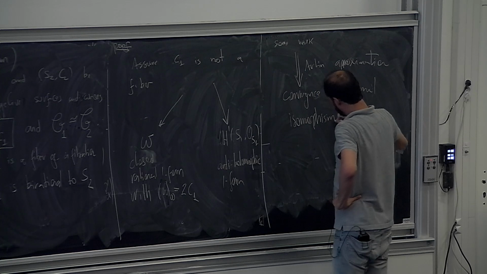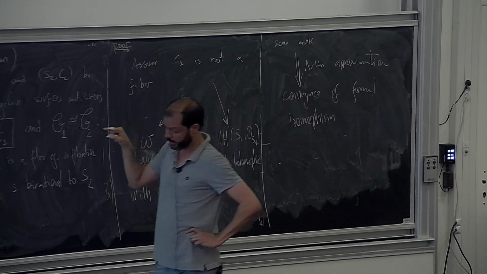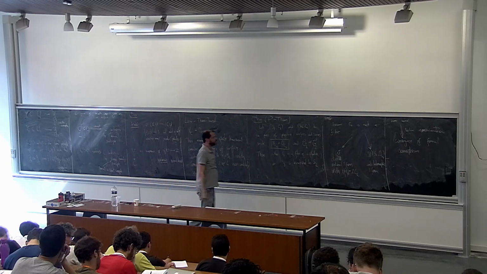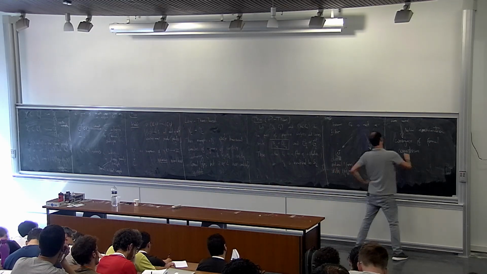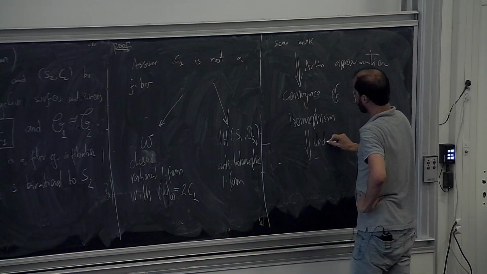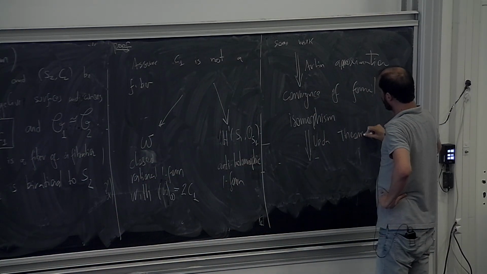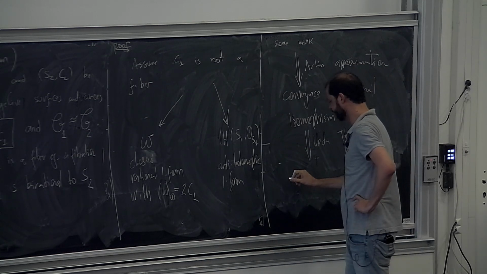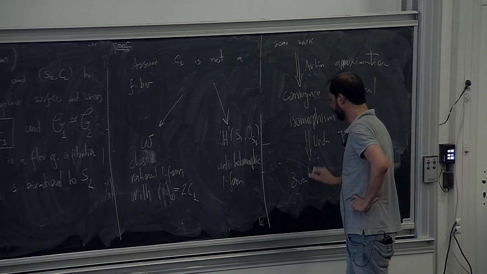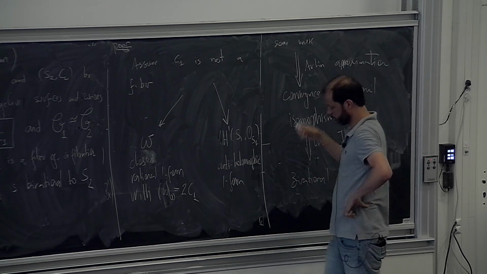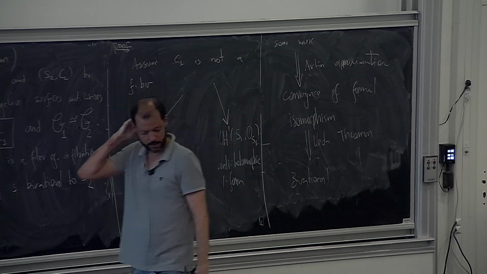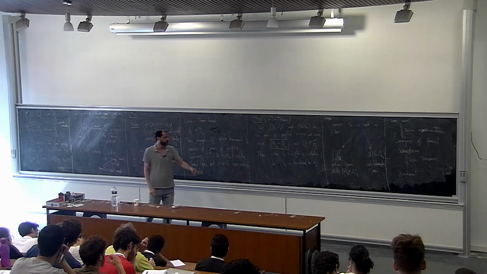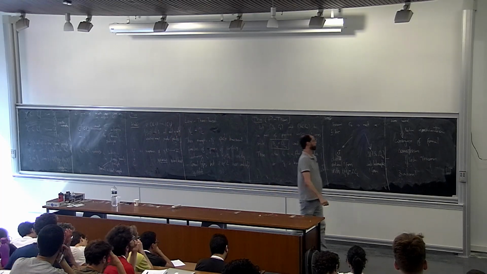And we can use Weda's theorem, which I erased, it was here, to show that indeed the formal map is birational. The thing which is defined only in a neighborhood of C1 and C2 can be extended to the whole varieties, and we get a birational map.